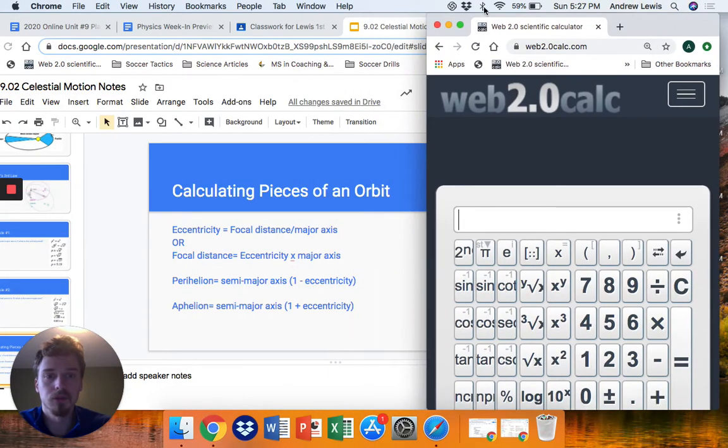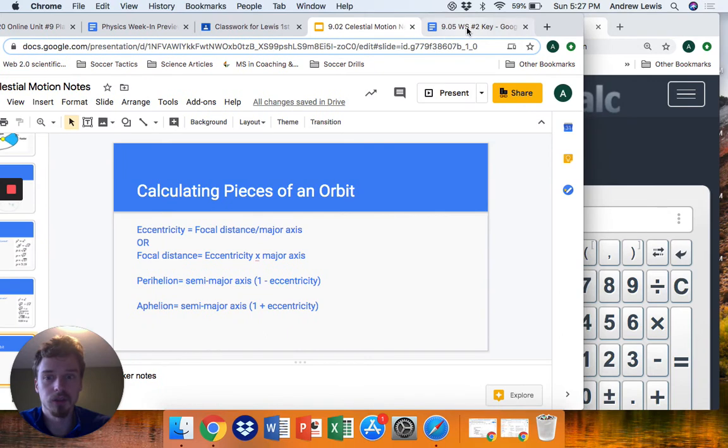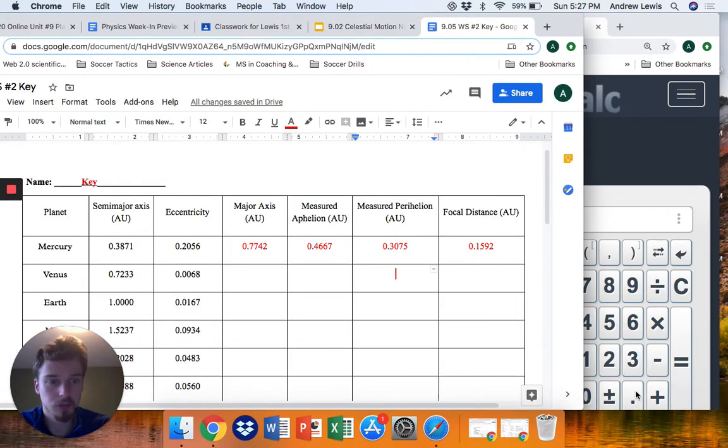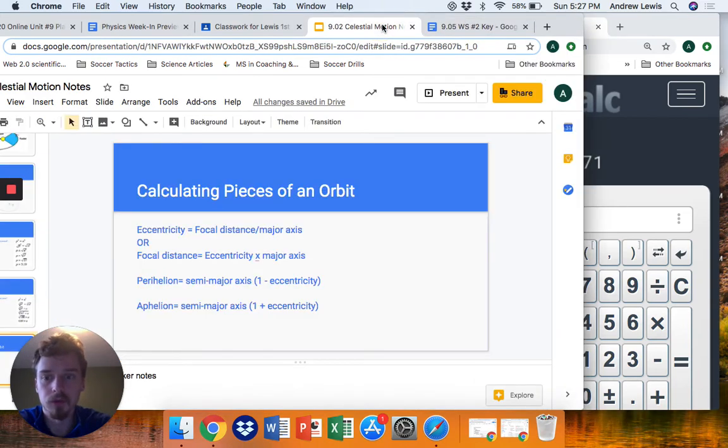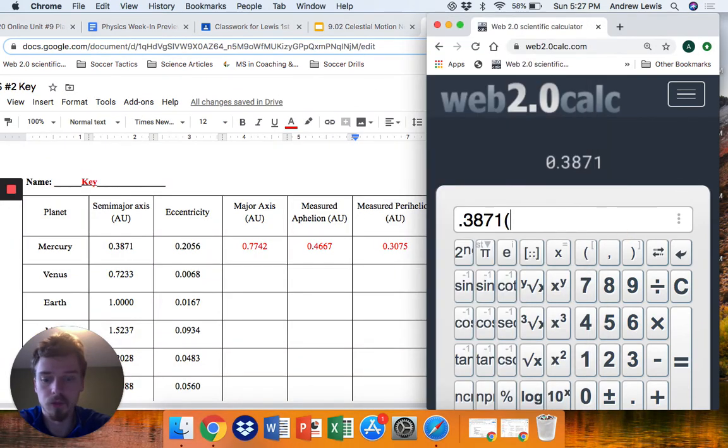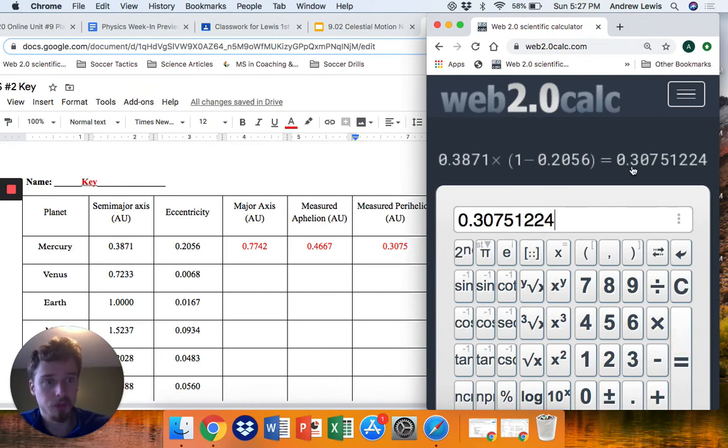So if we do our semi-major axis, 0.3871, parentheses, we'll do perihelion first, so 1 minus our eccentricity of 0.2056. That should give us our perihelion, or 0.3075. Did that one right apparently.